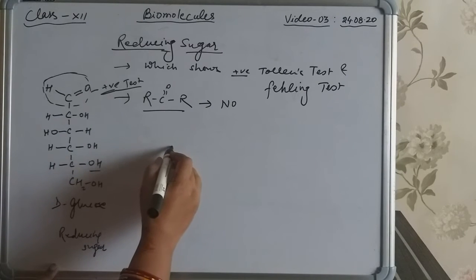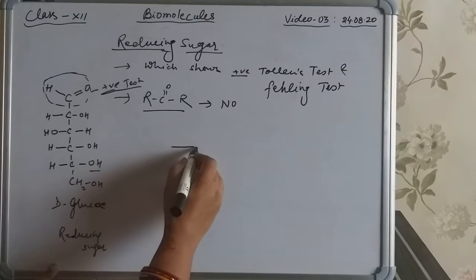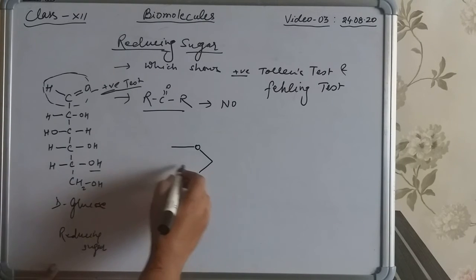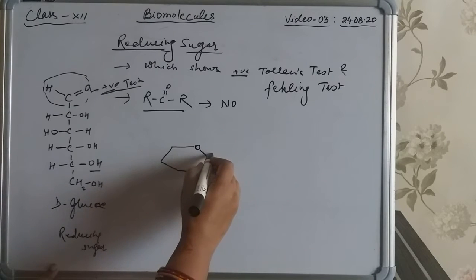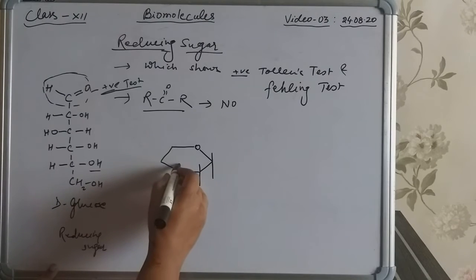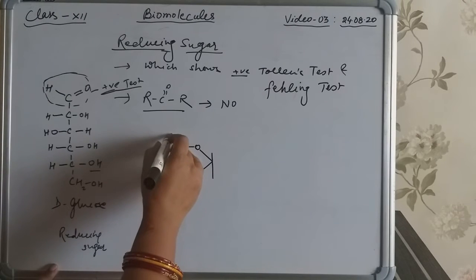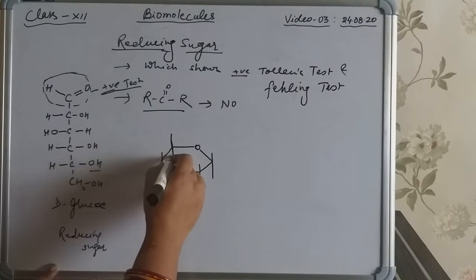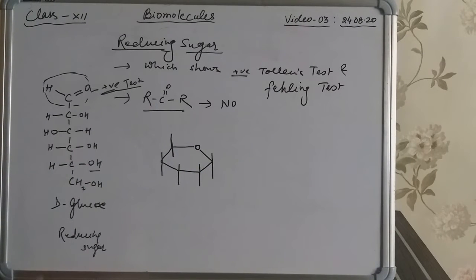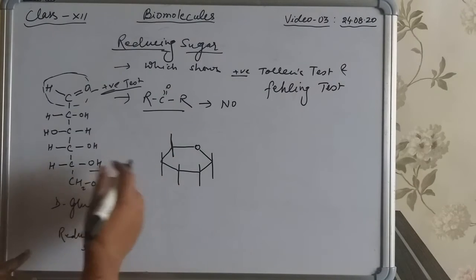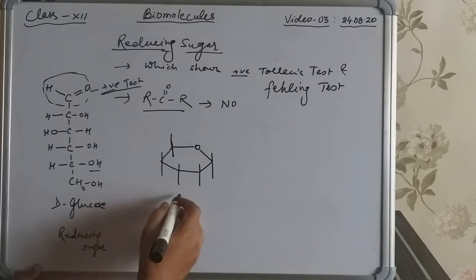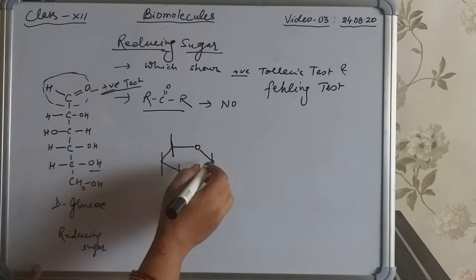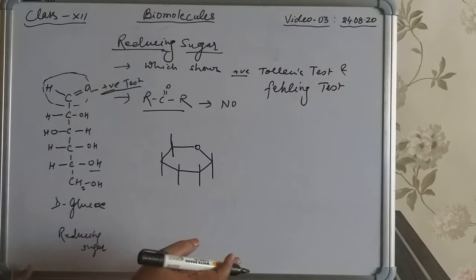First draw the structure of glucose. As we discussed, the anomeric forms of D-glucose are alpha-D-glucose and beta-D-glucose. Regarding the OH group at the first carbon, if the OH group is present on the right side, it is called the alpha form.